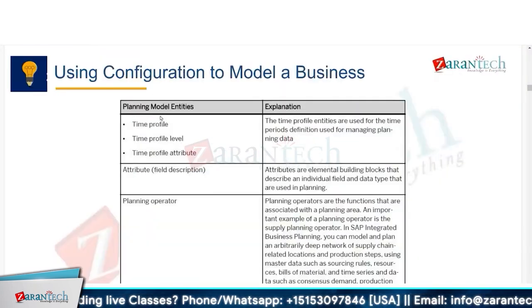Now we get into the planning model entities. In the planning models, you have time profile, time profile level, and time profile attributes. This basically talks about different aspects of the time profile. When you define the time, the first thing you need to input is whether your time profile is weekly, monthly, quarterly, or yearly.